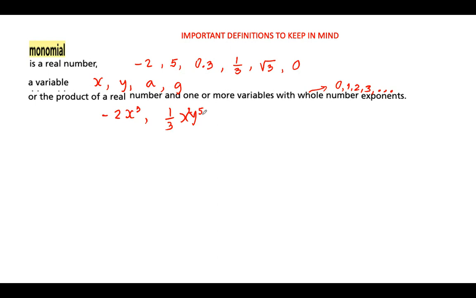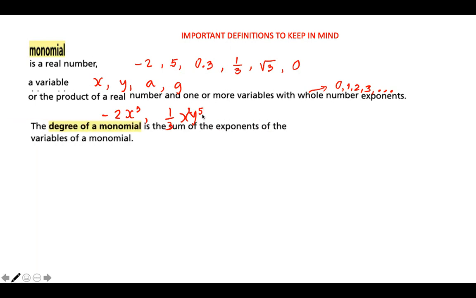So the degree of a monomial is the sum of the exponents of the variables of a monomial. In this particular case, the degree is 3. There is only one variable, so there is nothing that you need to add together.